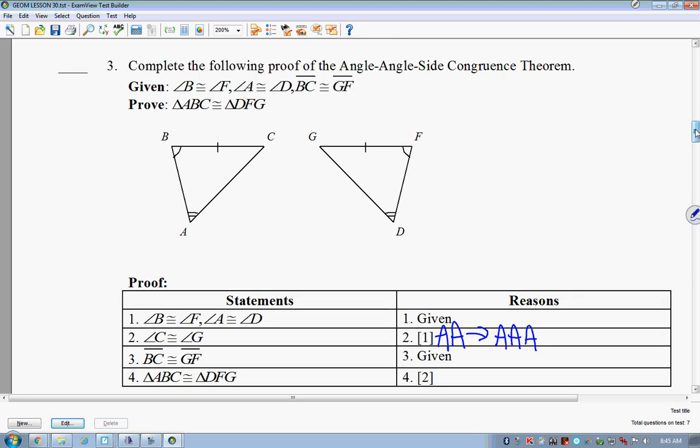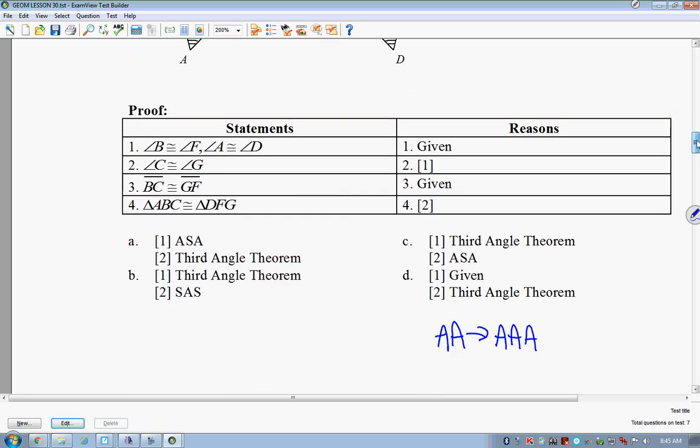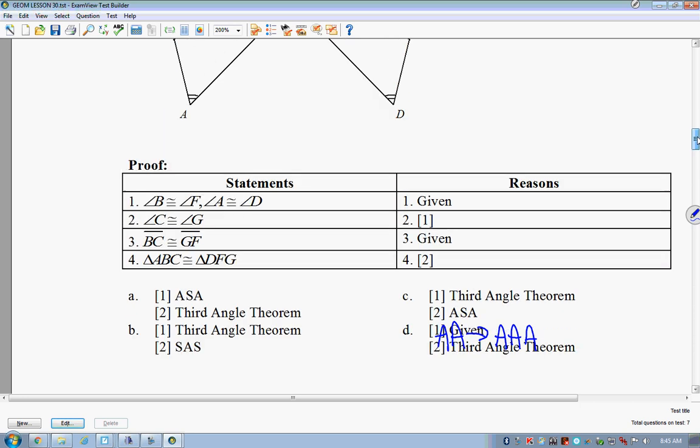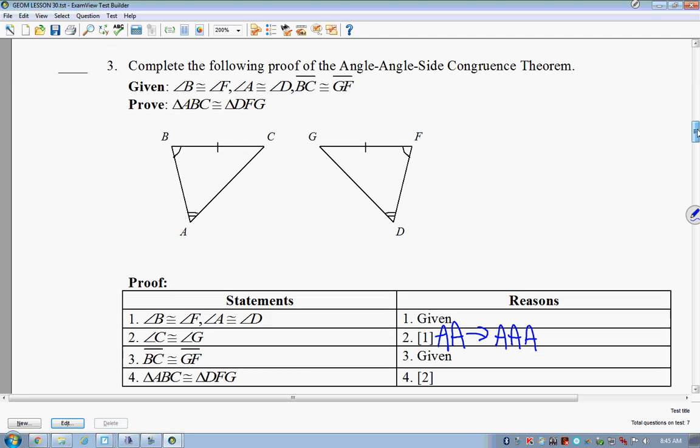And so they actually wind up, I believe, rewriting it as ASA. I don't know why they want it. I think it's because angle, angle, side is a theorem, whereas angle, side, angle is a postulate. And do we remember the difference between postulates and theorems?